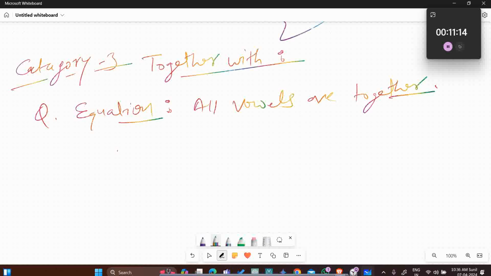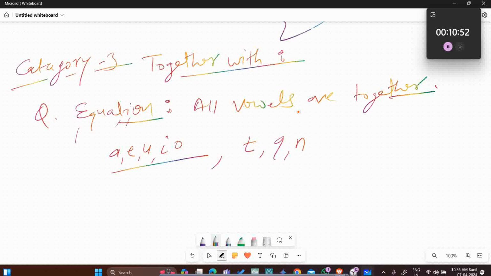So the vowels are A, E, U, I, O, and the rest are T, Q and N only, right?